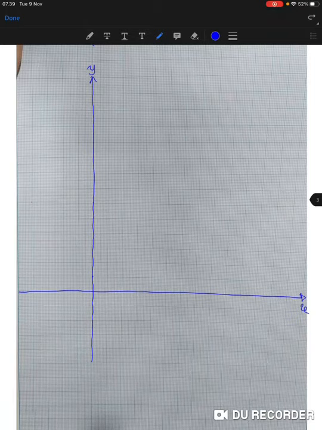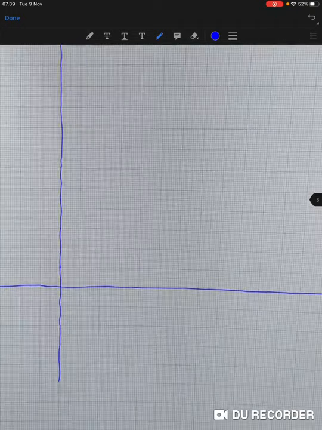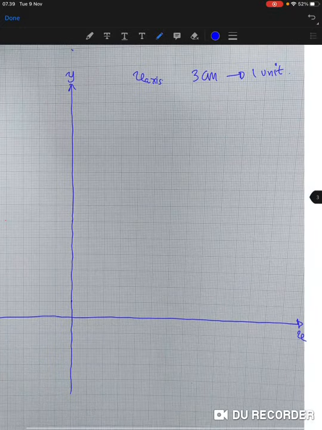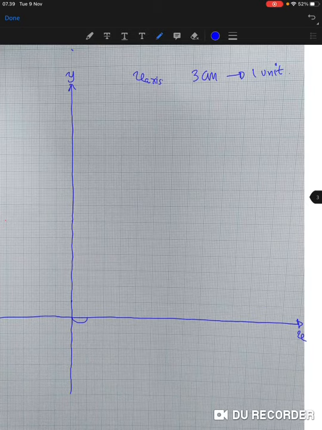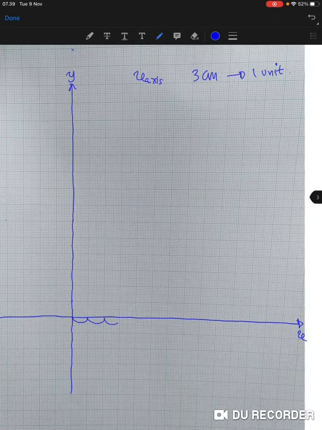We have to use the scale of 3 cm to represent 1 unit, so 3 cm to represent 1 unit in your x-axis. By the way, every 1 square here is 1 centimeter, yeah. If you have a ruler, you can check it also using your ruler. So 1 centimeter, 2 centimeter, 3 centimeter.